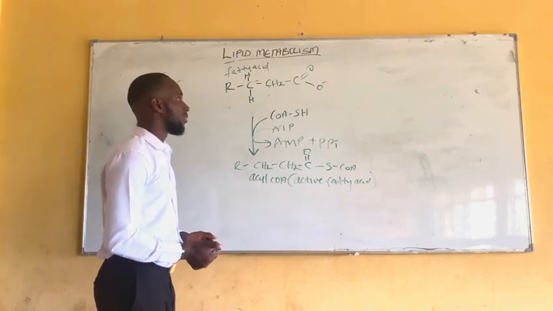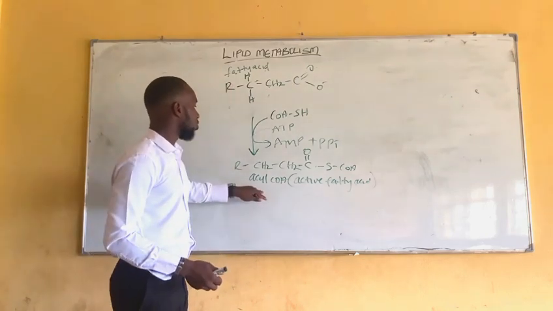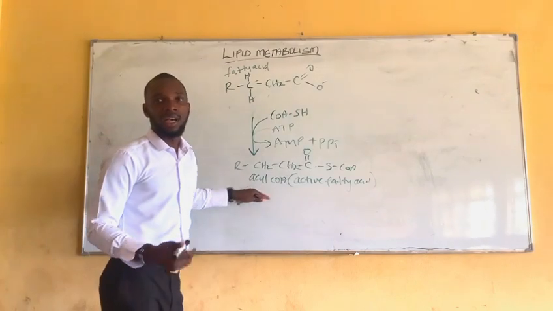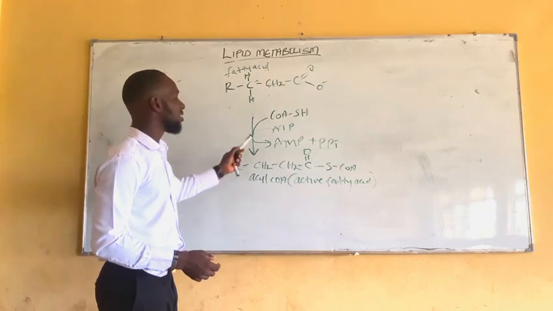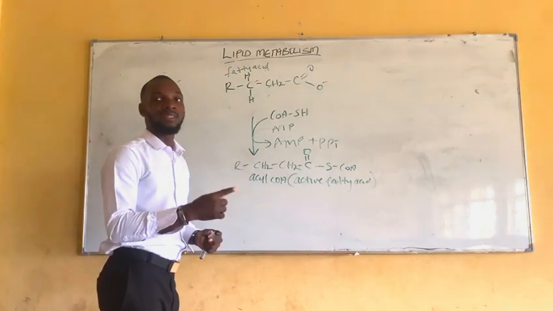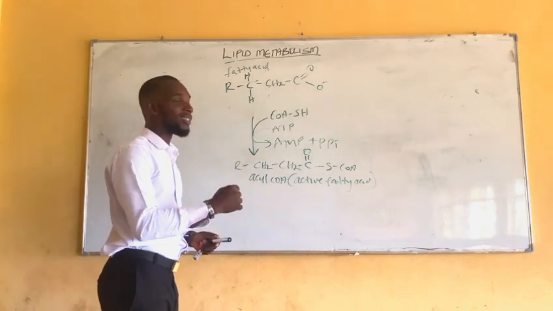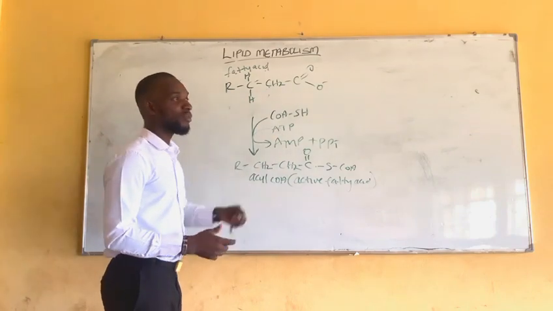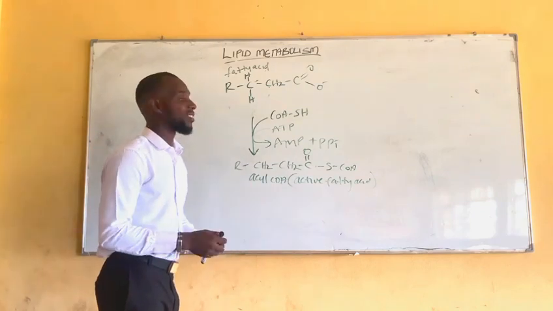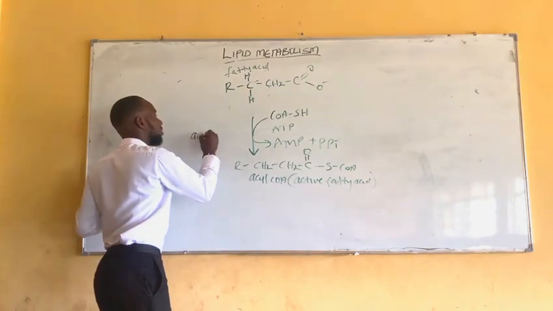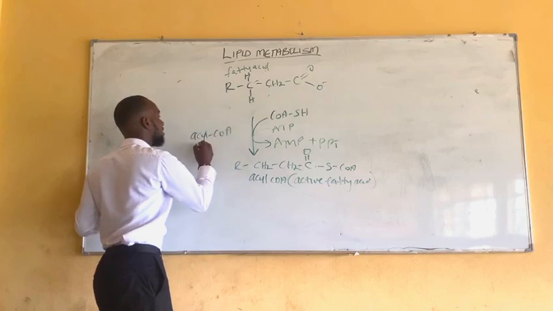This is a fatty acid, this is acyl-CoA, so acyl-CoA is synthesized. We can call the enzyme acyl-CoA synthetase. The reason I'm calling it synthetase is because ATP is used in this situation. If ATP was not used, I would call it acyl-CoA synthase. But it's acyl-CoA synthetase.